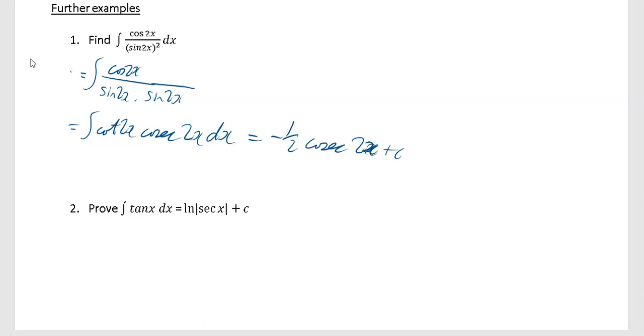Now, the best way to prove these things to yourself is just to differentiate them again and see what you get. If you differentiate the cosec 2x, you're going to get minus cot 2x cosec 2x. Then you also differentiate the angle, which gives 2, and multiply it all by the minus a half, and you'll get what you need: cot 2x cosec 2x dx.